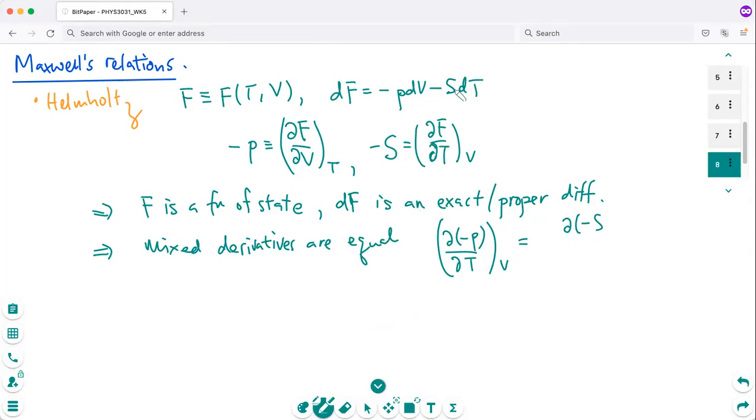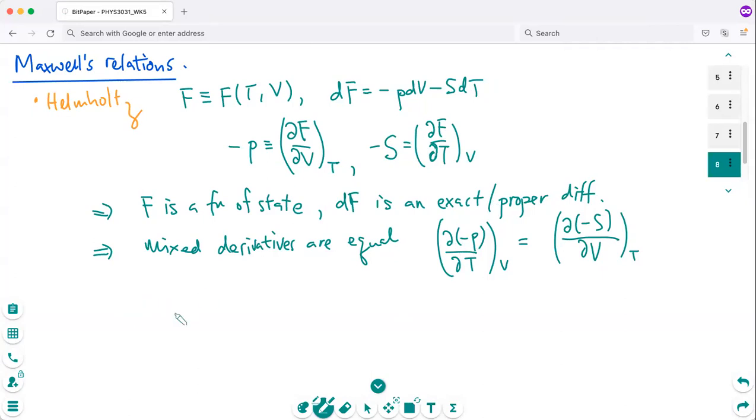Okay, so this is partial f partial t. So this entropy is a result of the first differential of F with respect to t, and now the second differential should be with respect to volume instead. Okay, let's tidy up this minus sign.